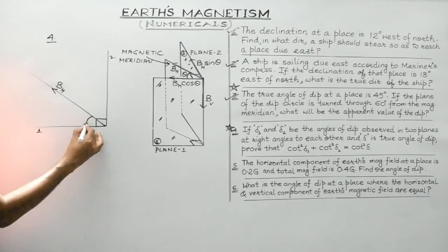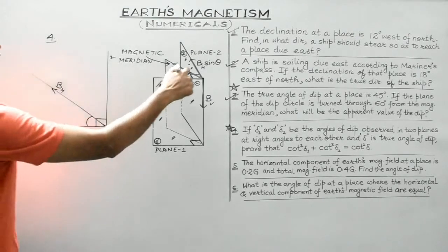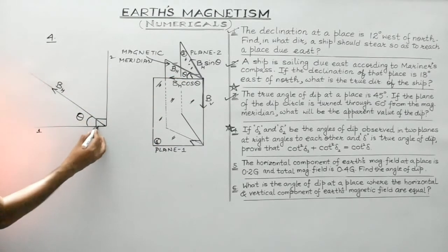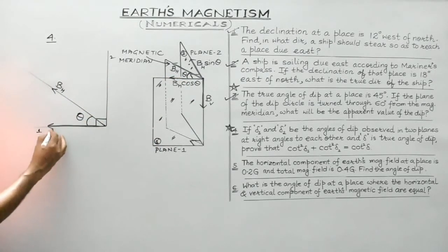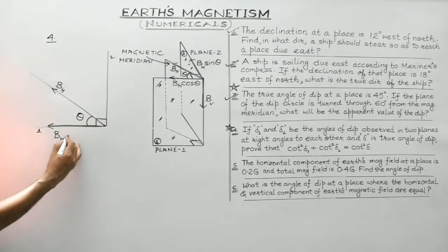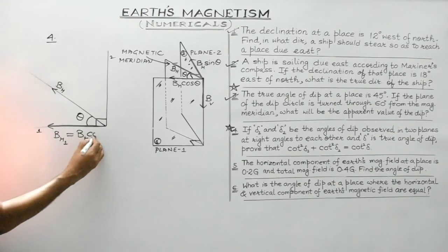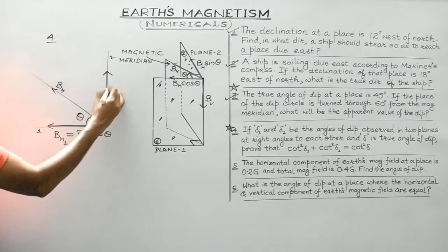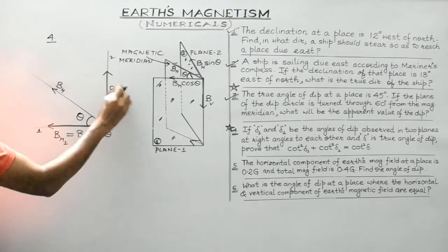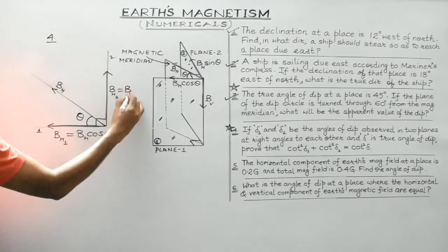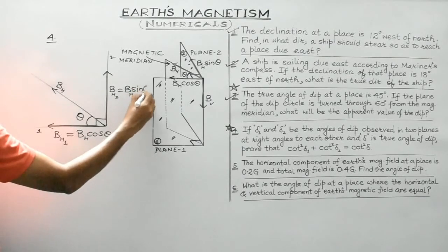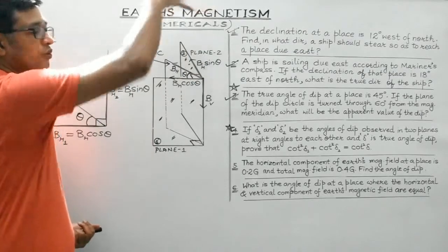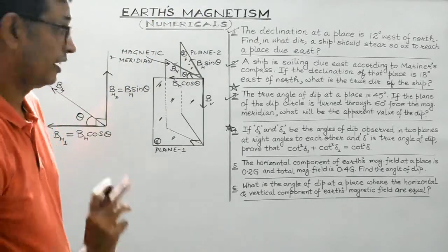If the magnetic meridian is assumed to make an angle of theta with plane 1, then the horizontal component of Earth's magnetic field in plane 1 would be BH cos theta, while in plane 2 it would be BH sin theta. Now I think it must be pretty clear. This is the top view. Clear, students?